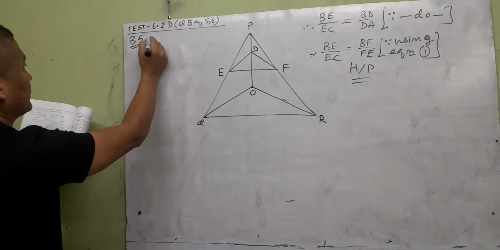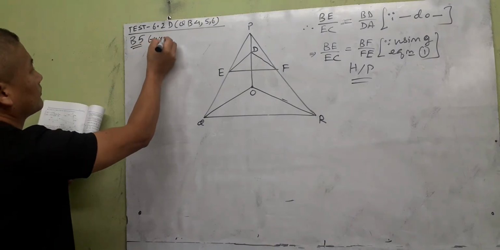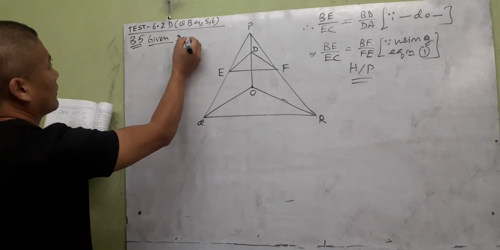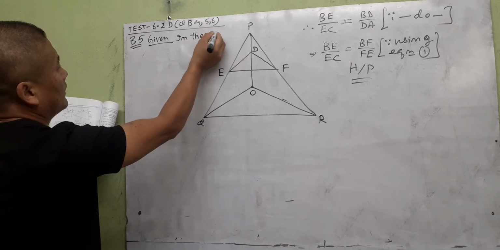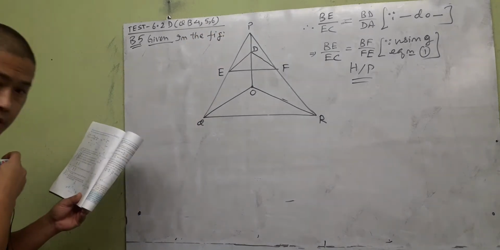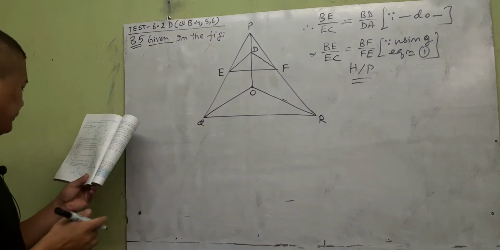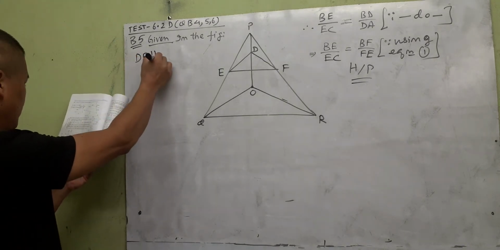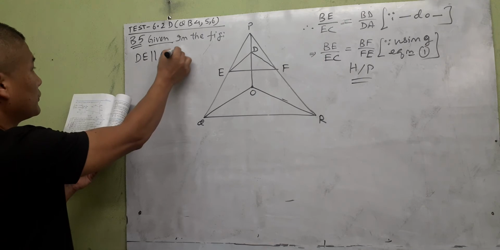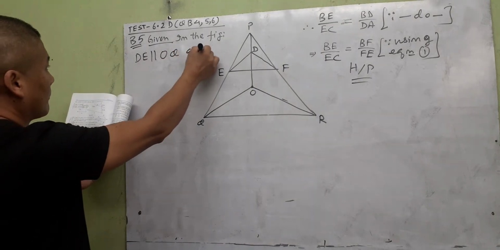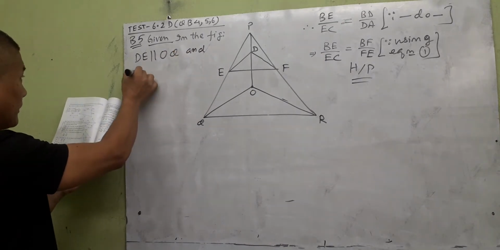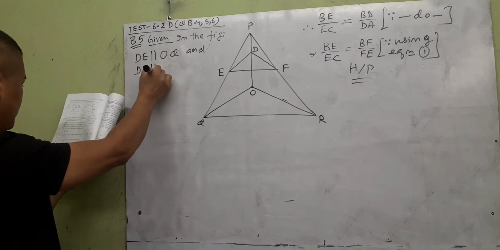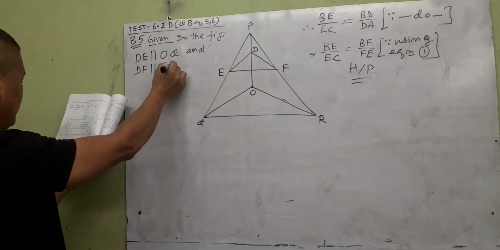Given in the question, in this figure, DE is parallel to OQ and DF is parallel to OR.